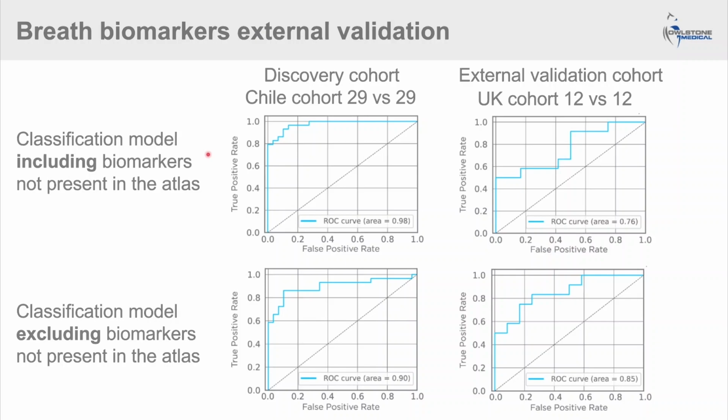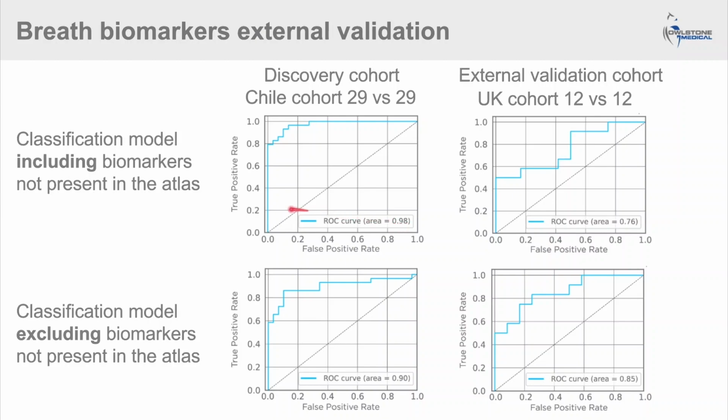Besides looking for the biomarkers with the best discriminatory performance, we also investigated biomarkers and how they could be used for a breath test that is generalizable to the population. In particular, we can see here on top the classification performance of biomarkers identified in a cohort of subjects collected in Chile, comparing 29 cirrhotics against 29 controls.